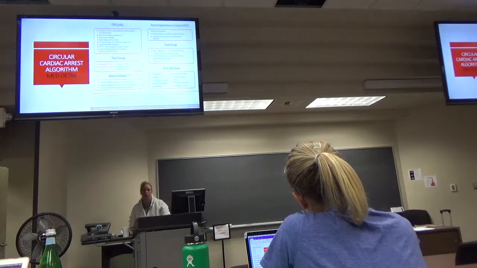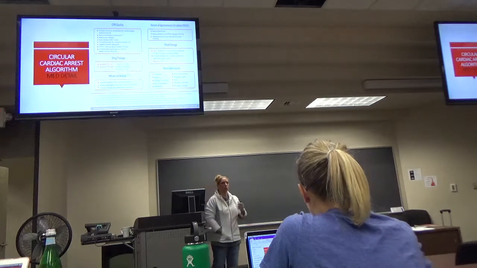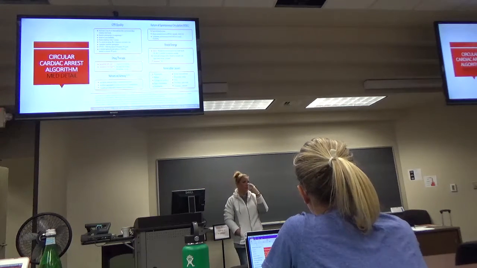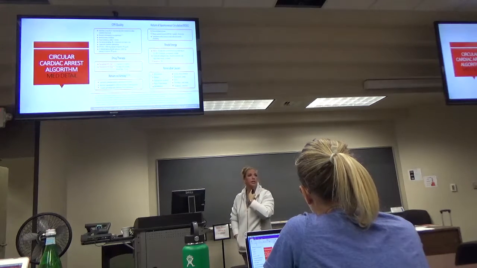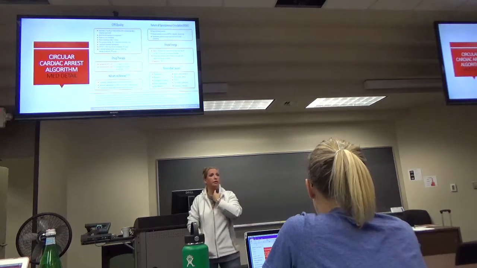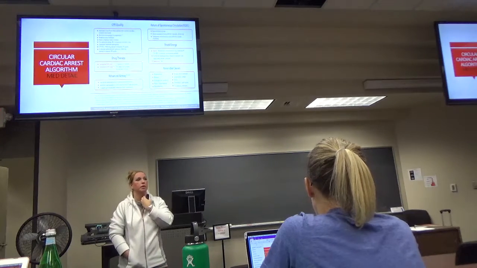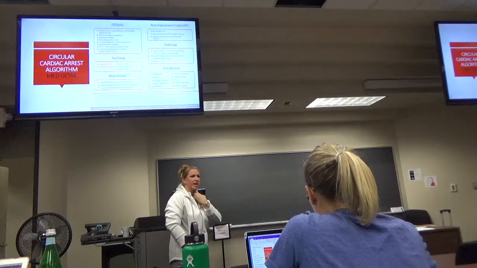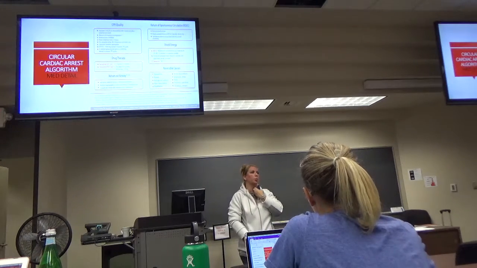Tension pneumo, what are you going to be looking for on that? Right. Visually, you're going to see the shifted tracheal deviation, is what we call that. That's how it would be worded. Your chest x-ray obviously is going to have shifted, but you're not going to have a chest x-ray yet.